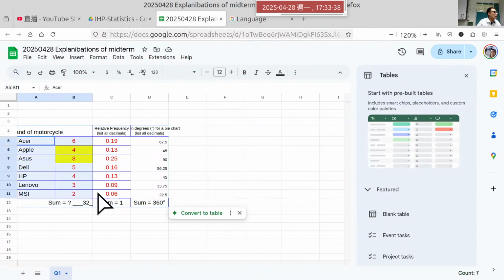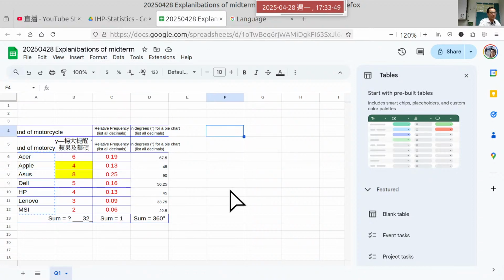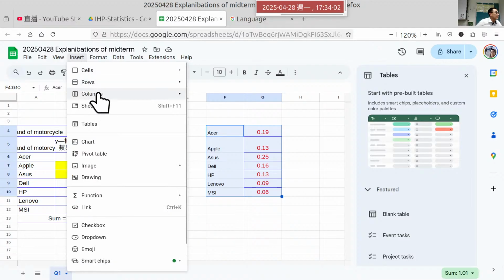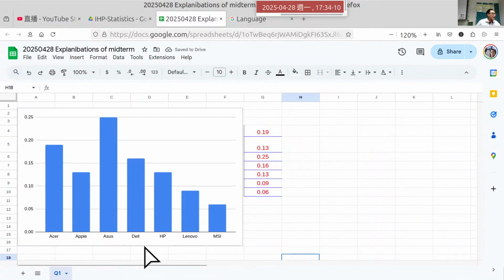It depends on how to do that. For example, I like this one. And select the range and insert chart. This one. Okay, and here remember to add the x-axis, the brand name.